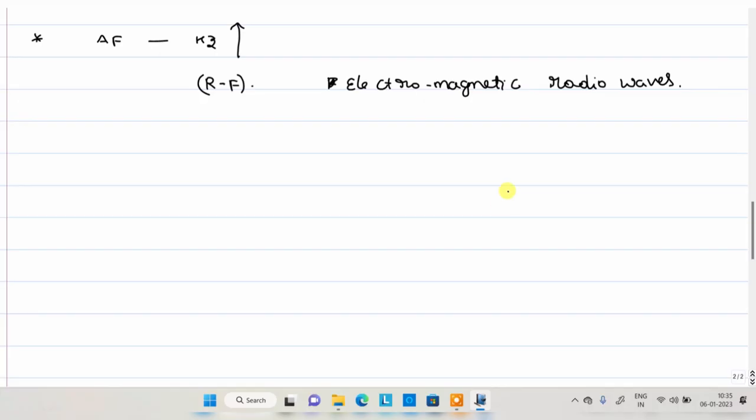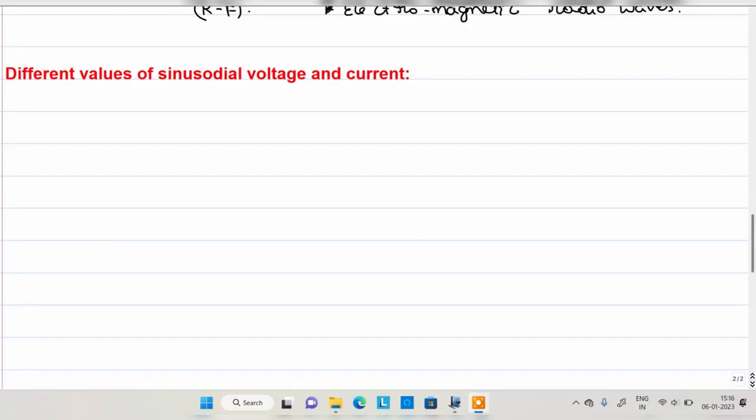Then we are moving to the next topic, different values of sinusoidal voltage and currents. So let us see what are the different values of sinusoidal voltage and current. First I am going to draw a sinusoidal voltage.